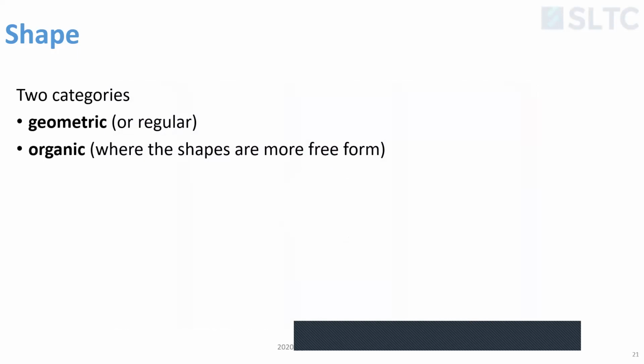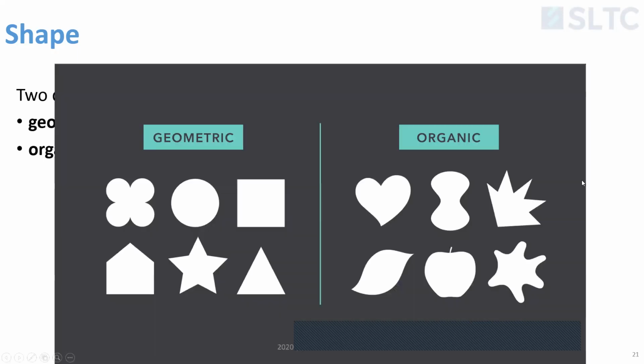Some are called geometric shapes, others are called organic shapes. Geometric shapes are regular and predictable, whereas the organic shapes are more free form, like this. Here we have geometric, here we have organic.